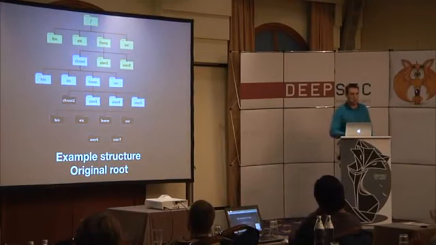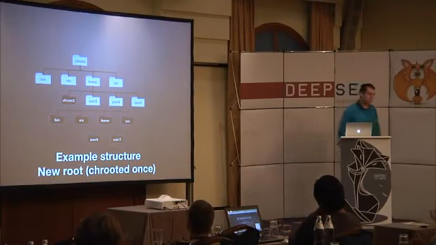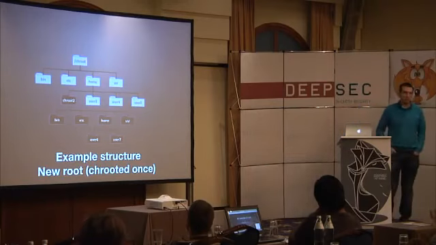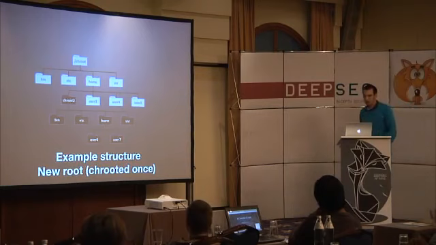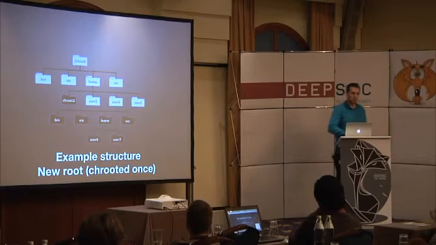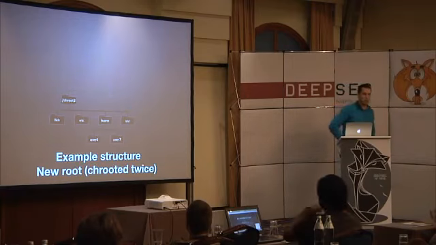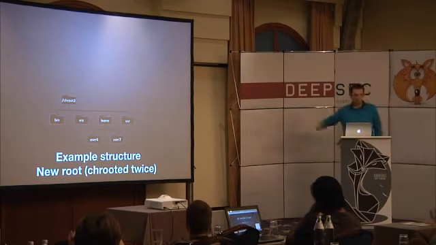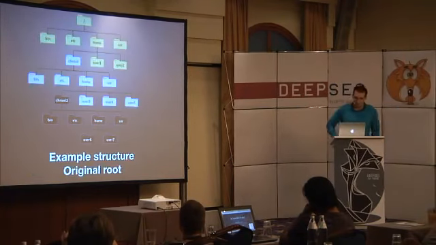If we call the chroot system call on that directory, then the process will think that's the root and it won't be able to see anything outside of the chroot directory. Then later we can call again that system call on the chroot2, and the process won't be able to see the previous directories as it should be.